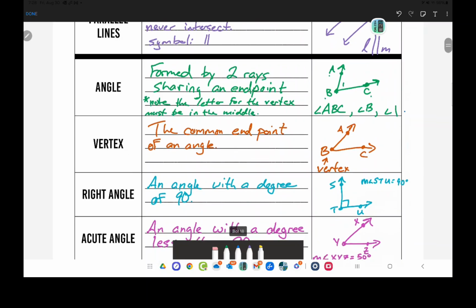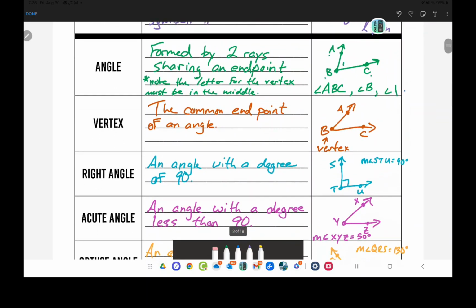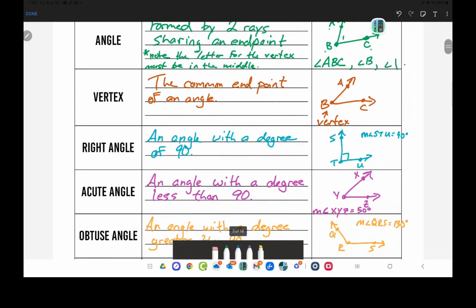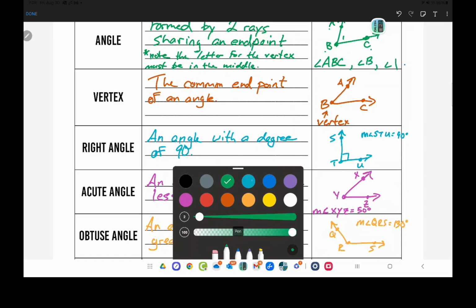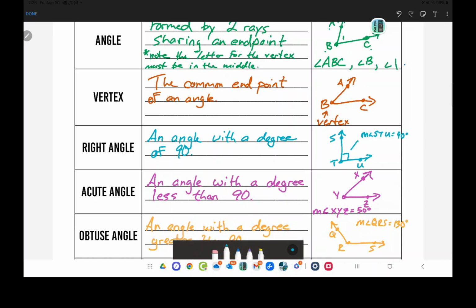So we already talked about vertex. Vertex is the common endpoint of an angle. Right angle, angle with degree of 90. This little box that you see right here, that is the symbol that we have inside a diagram that says it's a right angle. So if you ever see that in a diagram, you know that's a right angle.